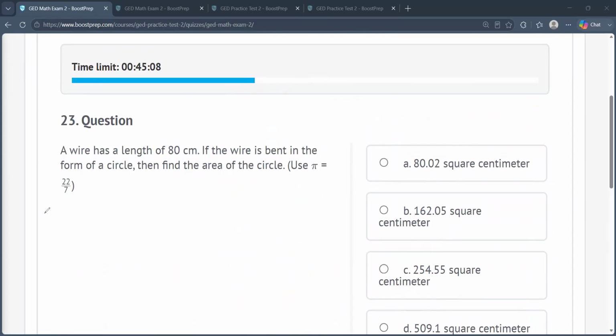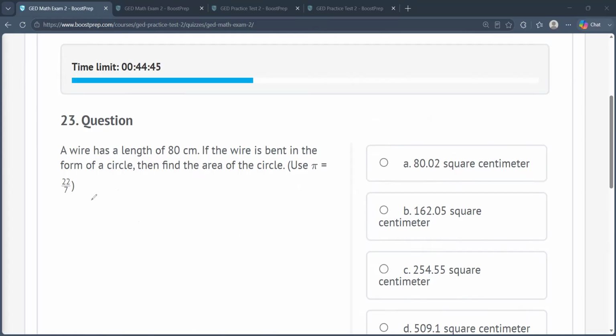Okay, this one is kind of a bit strange, but it's not really. So 23 says a wire has a length of 80 centimeters. If the wire is bent in the form of a circle, so you have this straight horizontal wire, and if it was bent to a circle, then find the area of the circle. Use pi as 22 over 7.